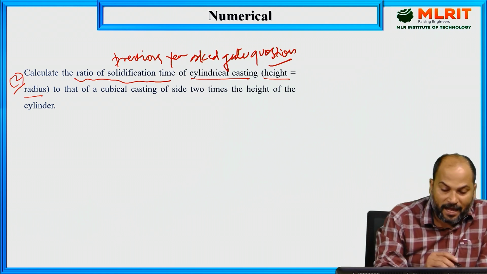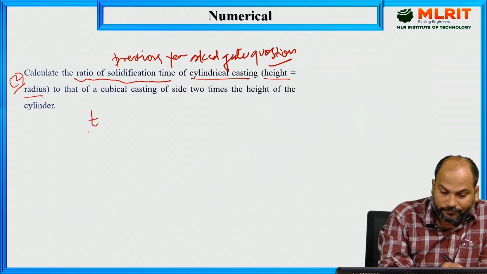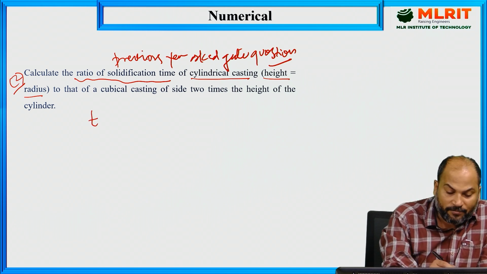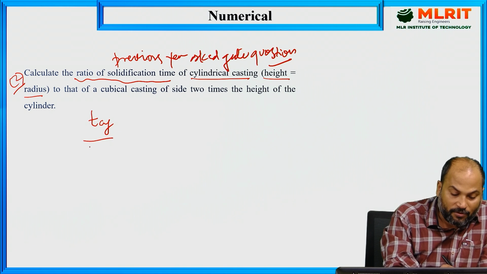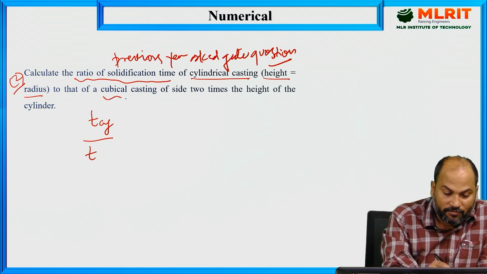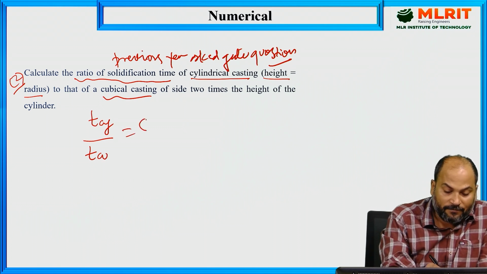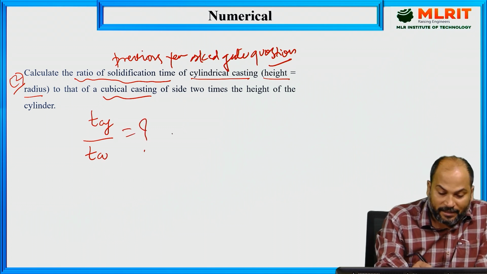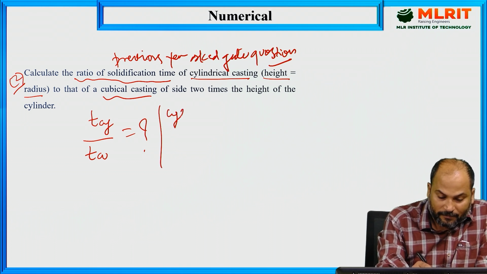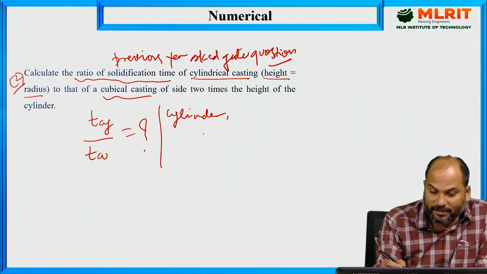Okay, so what we have to calculate is the ratio of solidification time of the cylindrical casting upon the solidification time of the cubical casting. What is given in the case of the cylinder: if h is the height, then height is equal to radius.